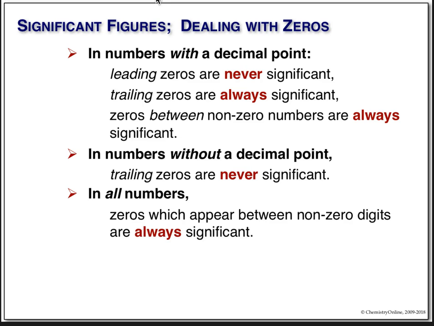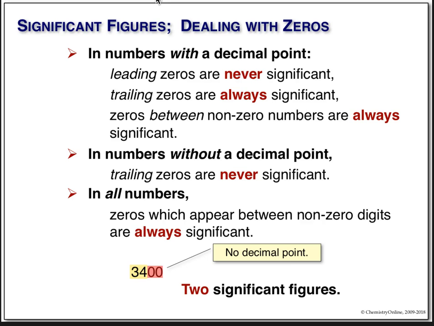It's actually a real simple process. Let's say we have 3,400. Doesn't have a decimal point, does it? Because it doesn't have a decimal point, the trailing zeros here don't count. 3,400 has two significant figures.